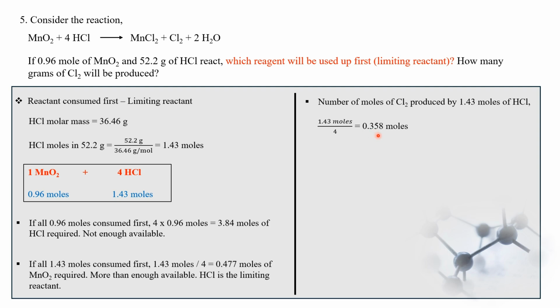That is 0.358 moles. The question asks for the grams of Cl2, not the moles. So let's convert moles into grams. Cl2 molar mass is 70.90. Any number of moles multiplied by molar mass gives a gram quantity. Moles multiplied by molar mass is equal to mass. That is 25.3 grams of Cl2.